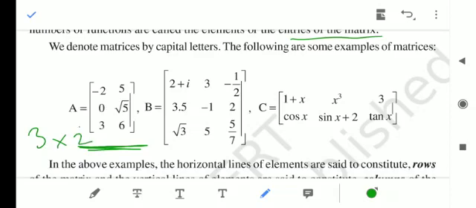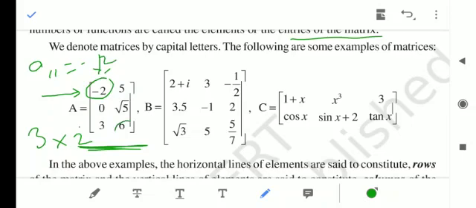So we write number of rows first, into number of columns. So the order of matrix A is 3 by 2. And how many elements does it have? It has 3 into 2, that is 6 elements. If I ask the position description of the element minus 2, it lies in the first row and first column, so A11 equals minus 2.